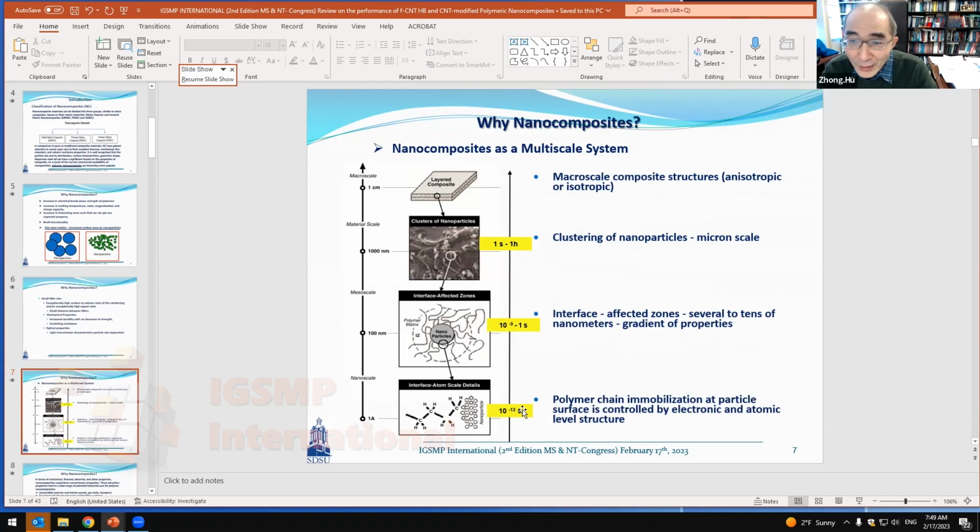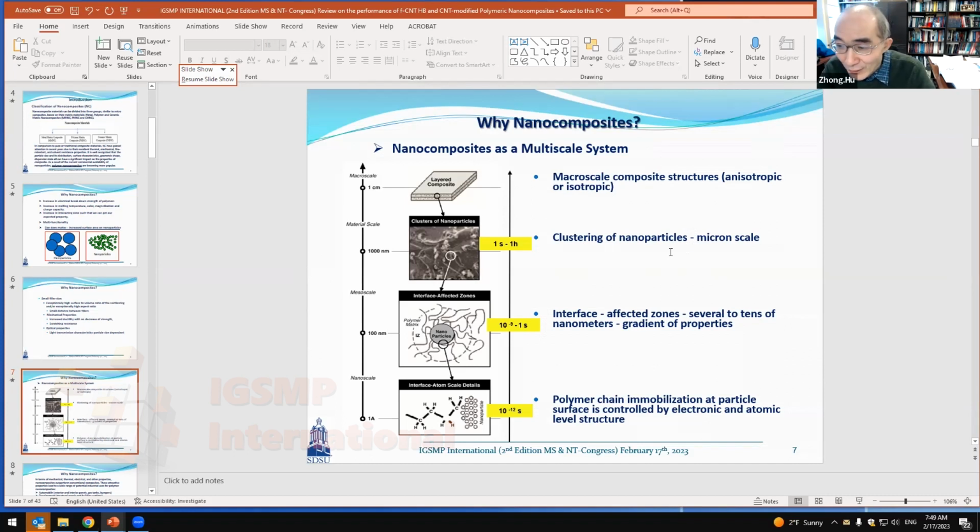For example, if you think about layered composites, you can just view them at the macro scale. But when you have a fiber reinforcement, maybe it's anisotropic. If you have a short fiber, a very tiny fiber, maybe at the macro scale you can view it as isotropic. If you look at the particle cluster, you can build your model in terms of micro scale.